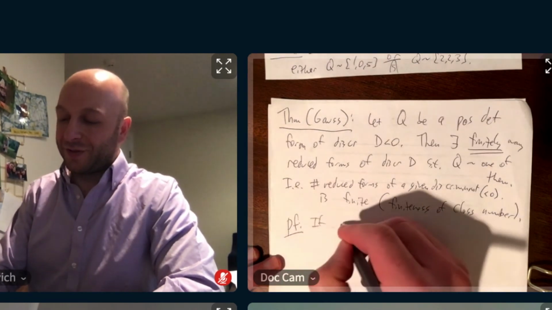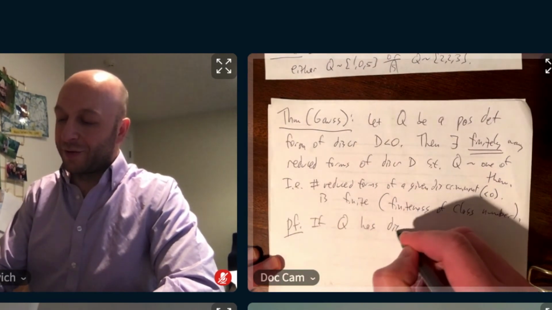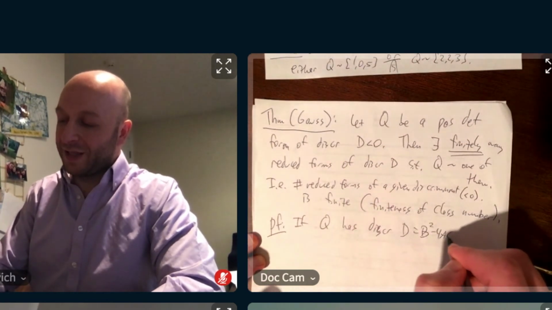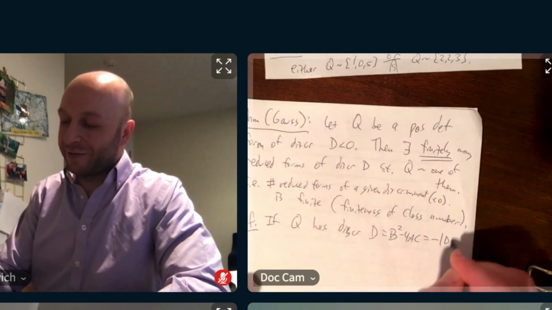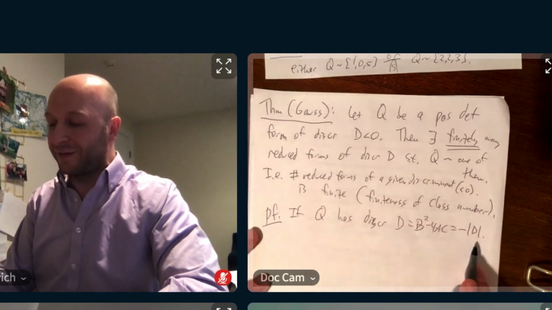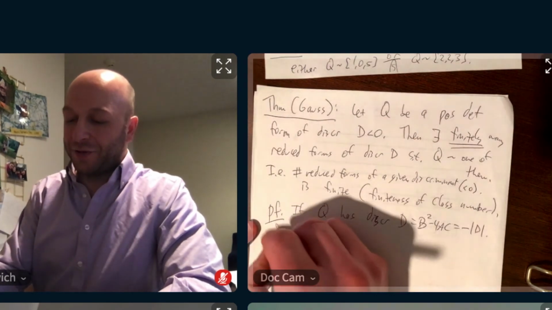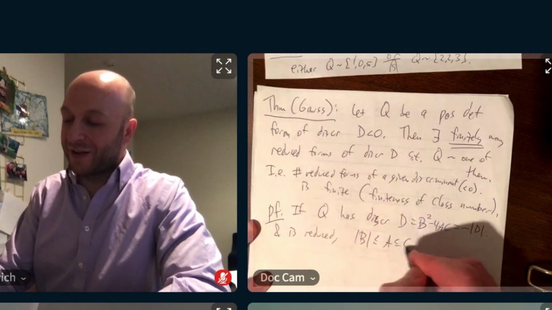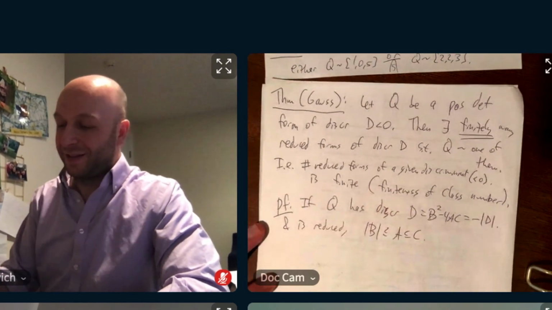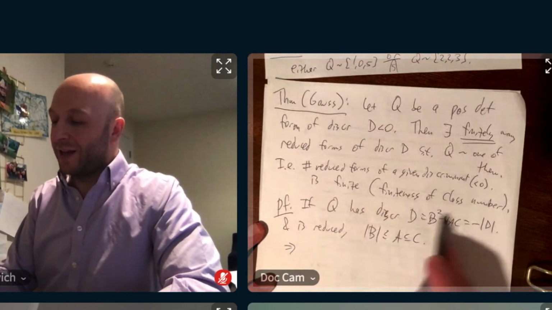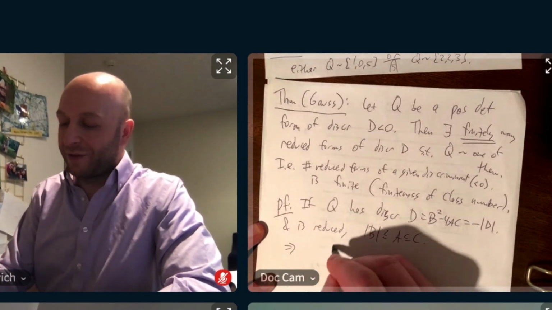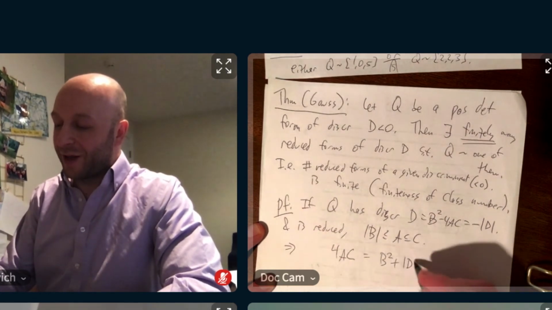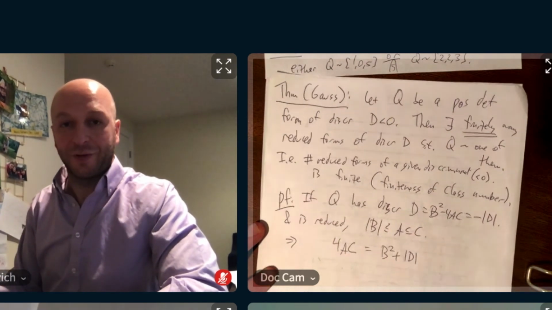If Q has discriminant D, which is B squared minus 4AC, and it's actually negative, the absolute value of D, just to drive home the point that D is negative, and is reduced, absolute value of B is at most, absolute value of A is at most C, then let's look again at this equation and move things around to make it positive. 4AC is equal to B squared plus absolute value of D, just by moving things around, exactly as we've been doing all along.